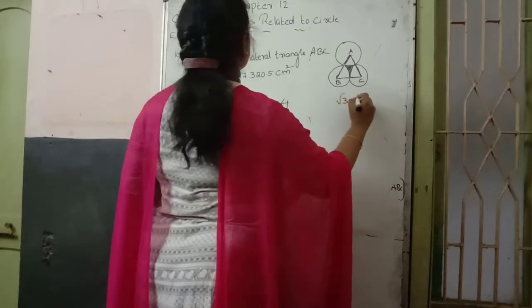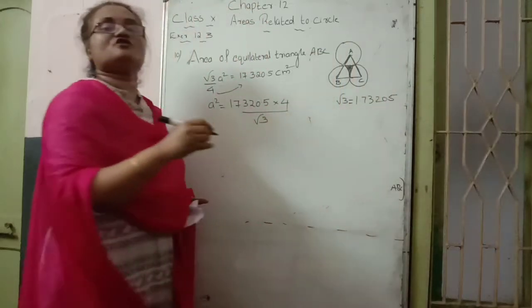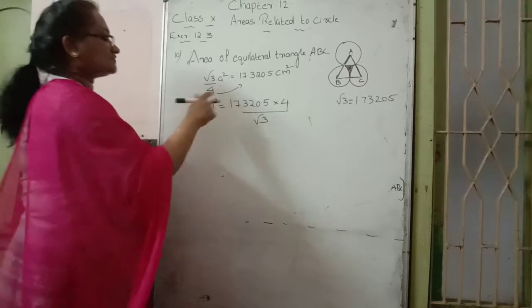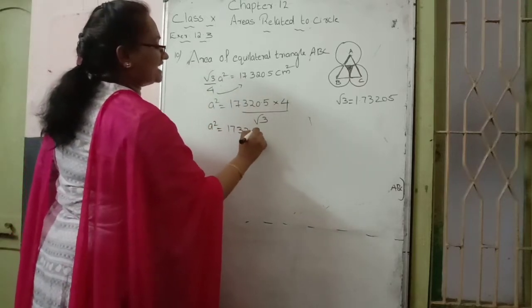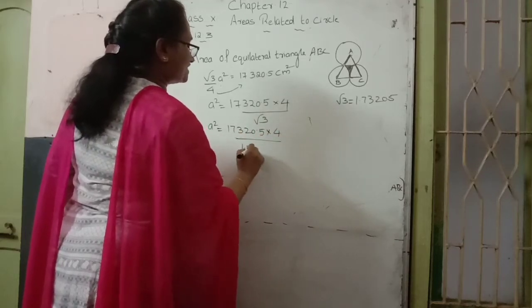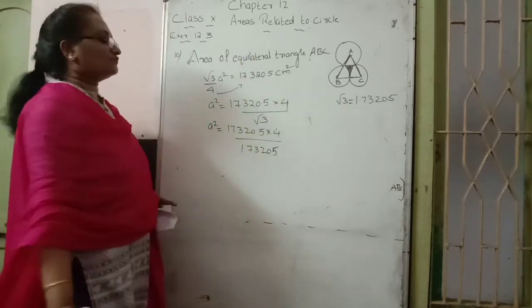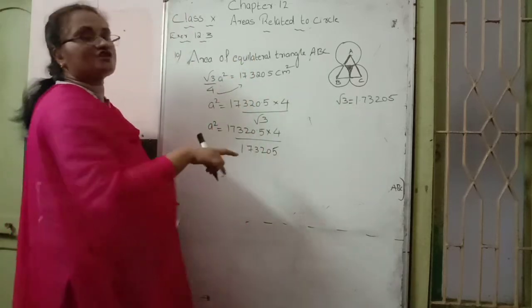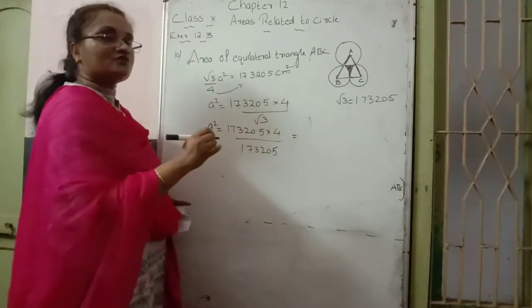They say you take the root 3 value like this. So in the next step, we substitute the root 3 value: 1.73205. Here the numerator has a decimal point and the denominator also has a decimal point. How to remove the decimal points?